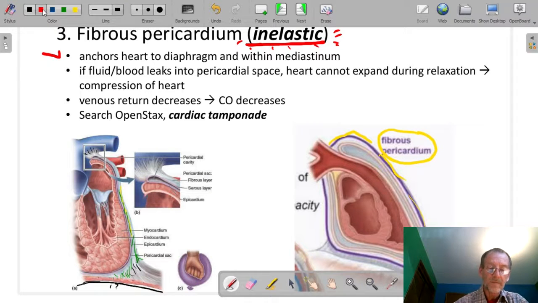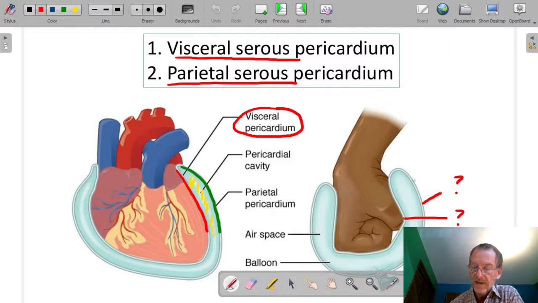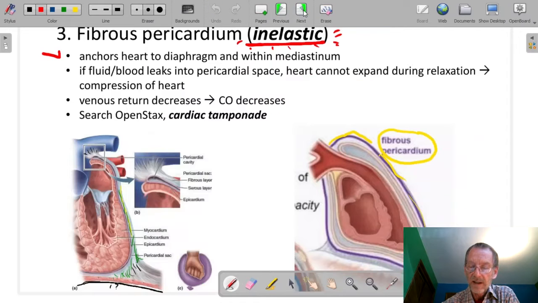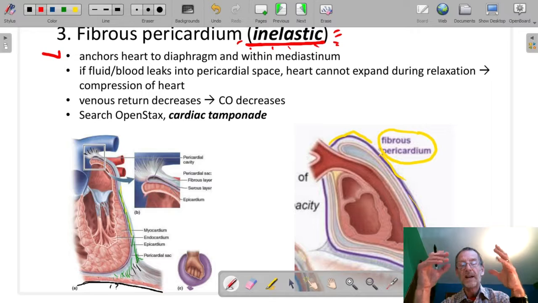Okay, so if fluid leaks into that space, let me back up a minute to the previous slide. So if we have excess fluid building up in there, you remember that the fibrous pericardium doesn't stretch, and as fluid builds up in there, the heart cannot expand, and if it can't expand, it can't fill with blood.